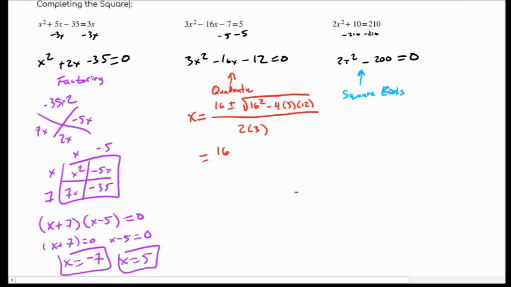I guess I couldn't have factored anything out anyway. So here we go. 16 plus or minus 16 squared, which is 256, minus 4 times 3 times 12. 4 times 3 is 12. 12 times 12 is 144. Oh, it's negative 12. My fault.